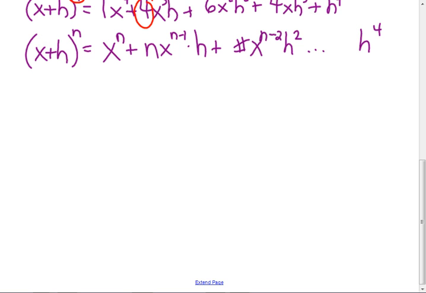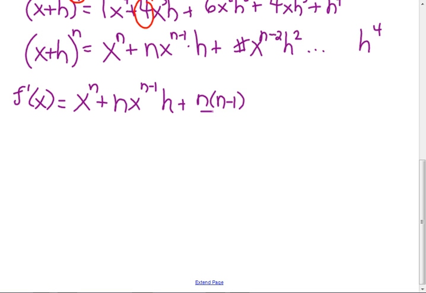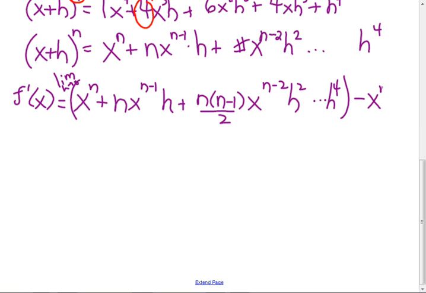Okay, so f prime of x is equal to this, what I have here. You'll see why I don't care what that number is. It's actually n times n minus 1 over 2, I believe. Then x to the n minus 2, h squared, up to h to the n, and then we have to subtract x to the n, all over h, as h goes to 0.